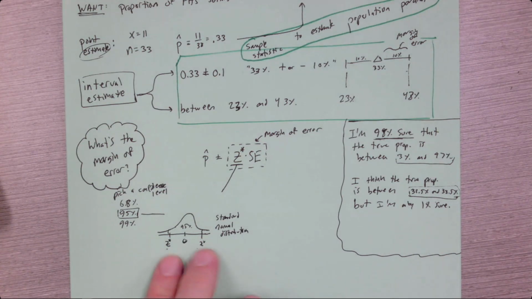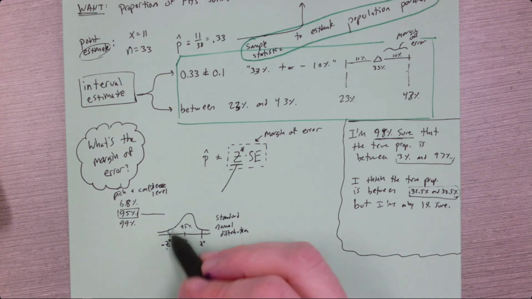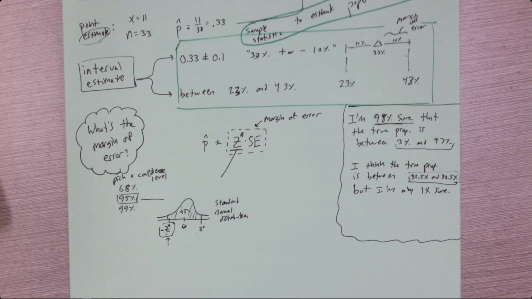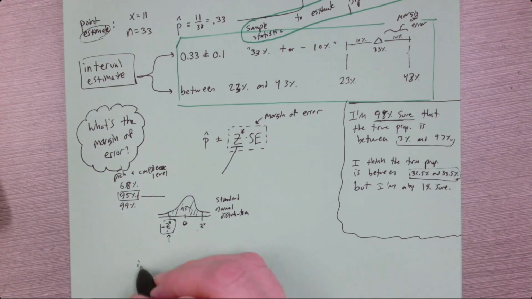And this is supposed to be symmetric around 0. So whatever number z-star is, this is negative z-star, this is positive z-star. So for example, if z-star was 1, this is between -1 and +1. Okay, so if 95% of my possible outcomes are inside here, the question is, how do I know what this number is? And that's what invnorm lets you figure out.